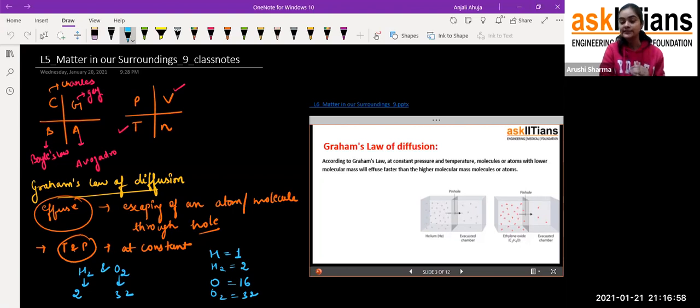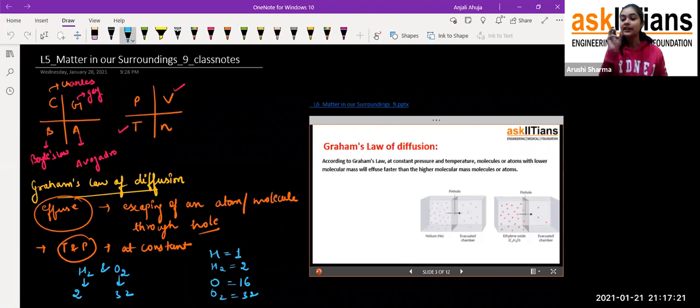So that's why, student, oxygen gas will effuse out slower as compared to hydrogen gas, because hydrogen's molecular mass is less. Imagine I have a basketball and a cricket ball, which have different sizes, and there is one hole.